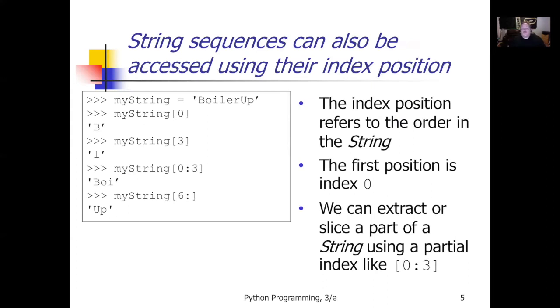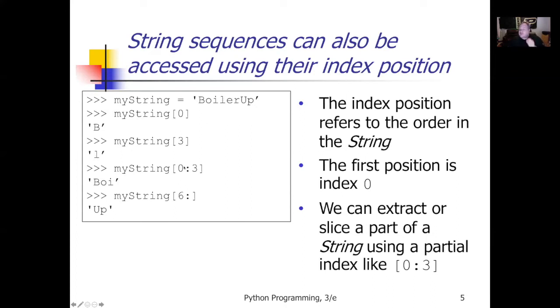All right, so string sequences can also be accessed using their index position. We talked about this before, but let's do a quick little review. If myString equals "Boiler Up", then myString index position 0 is the capital B. And index position 3, remember this starts at 0, so 0, 1, 2, 3 is the lowercase l.